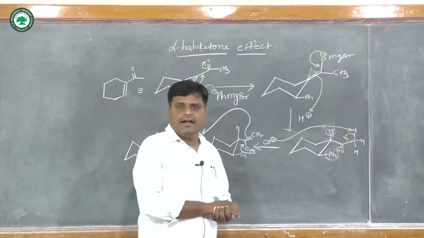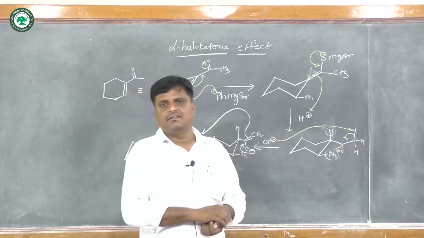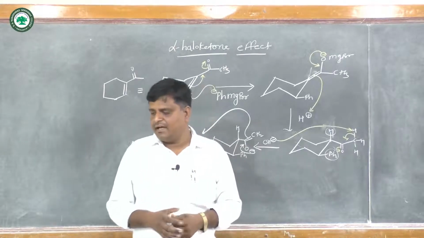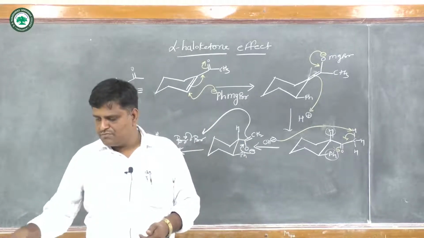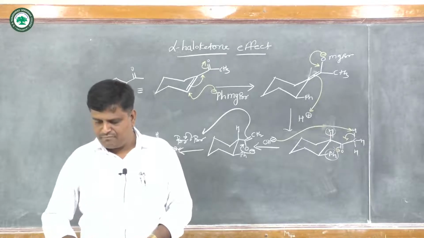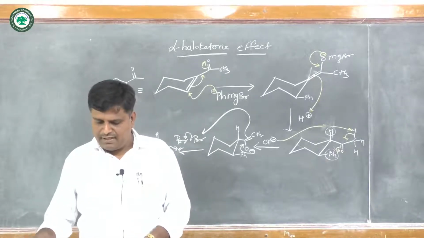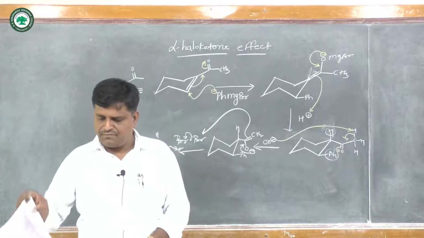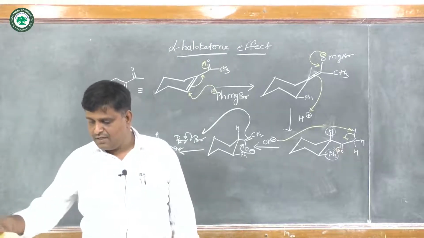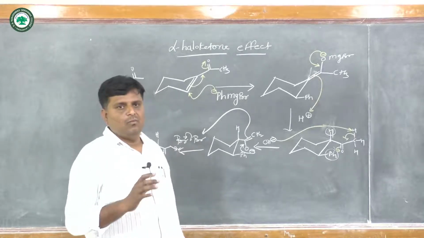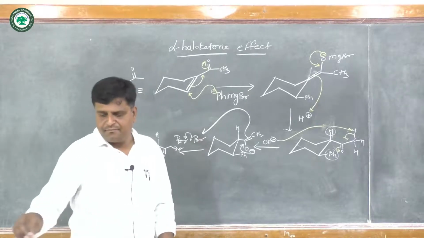In the next case we take another example regarding monosubstituted and disubstituted compounds, suppose sterically hindered compounds. Here we take one example in monosubstituted cyclohexane.